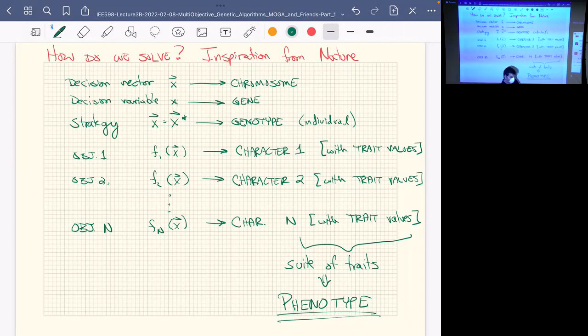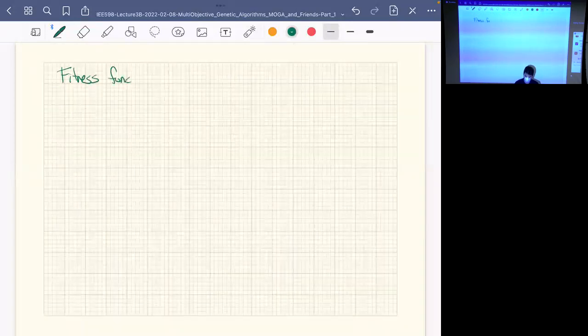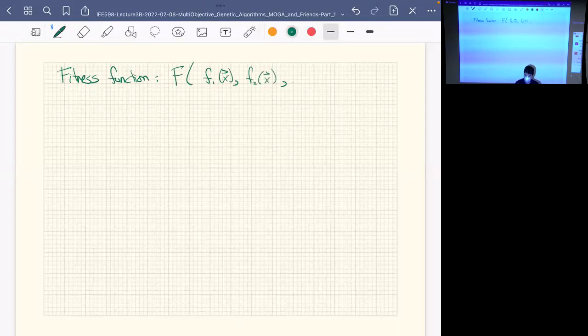And so we put all those things together. We modeled that with a so-called fitness function, which you've seen before, but now the fitness function serves to bring all of those optimization objectives together, all of those characters, that phenotype together. So this here we're referring to as the phenotype. And this is the fitness.